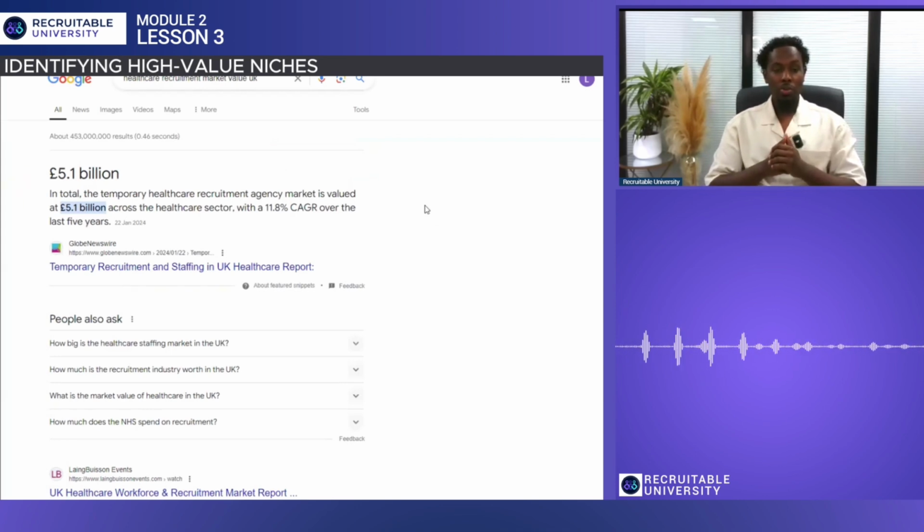In total, the temporary healthcare recruitment agency market is valued at 5.1 billion across the healthcare sector, up 11.8 percent over the last 5 years. So healthcare is a huge market, and it's really busy, as we know. People are always getting ill. People always need healthcare, and it's an industry that's not going to be dying for the unforeseeable future.